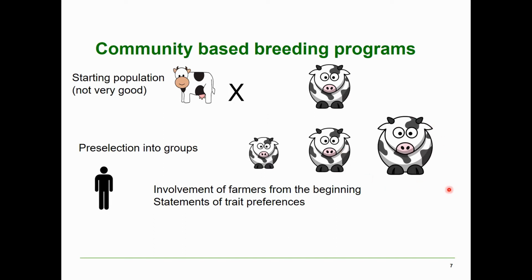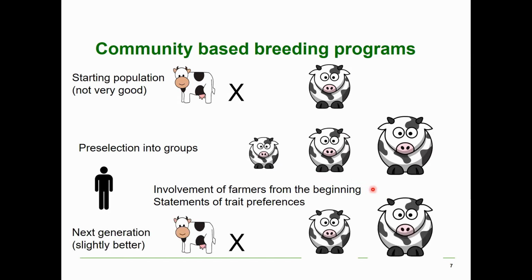Then there is a committee that actually selects the parents of the next generation based on the pre-selection groups. Technically, they could select any individual as the parents of the next generation, well, usually the male parents, but they tend to select from the highest productivity group, sometimes, if there are some specific requirements, also from the middle group.